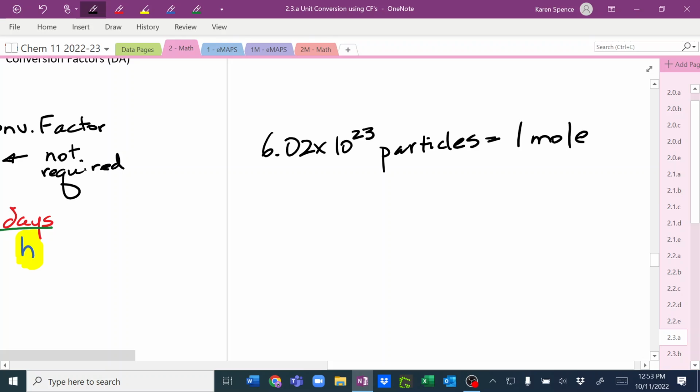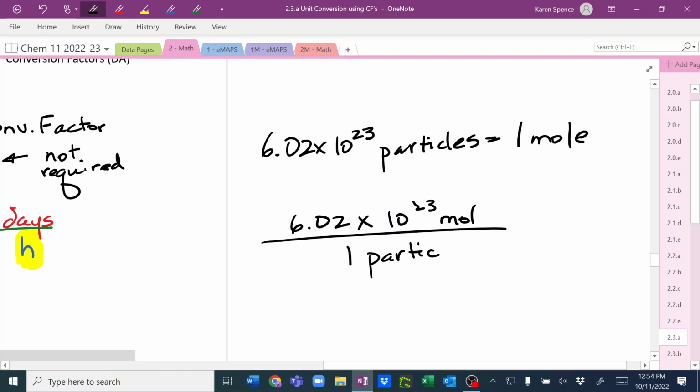And I would guarantee there will be at least a few people who will at some point write 6.02 times 10 to the 23 moles is equal to 1 particle, which should at some point this year start to sound as weird as 24 days per 1 hour. It's like saying there's 12 dozen in one donut, right? 12 dozen donuts equals 1 donut. Like that just, it's nonsensical.